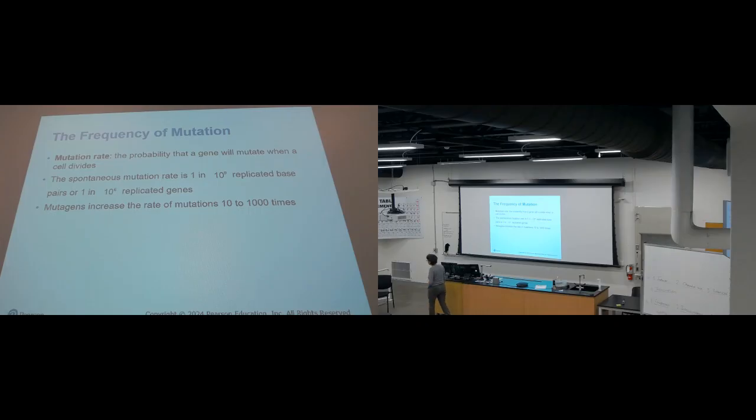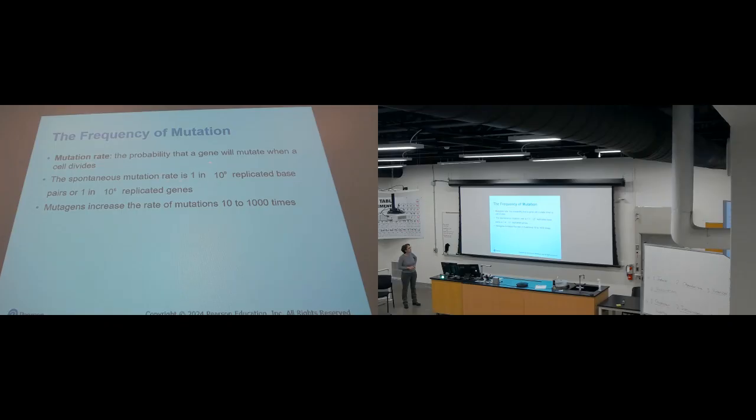There are differences in the rate of mutation, and this is something that is well known. So we have the mutation rate, which is the probability or the chances that a gene will mutate when the cell divides.